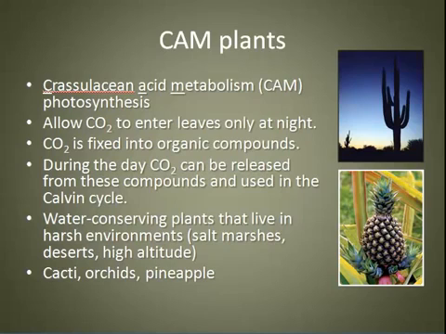And during the day, the CO2 can be released from these compounds and used in the Calvin cycle. Water-conserving plants that live in harsh environments like salt marshes and deserts and at high altitudes use these processes. Some examples of plants that do this are cacti, orchids, and pineapples.